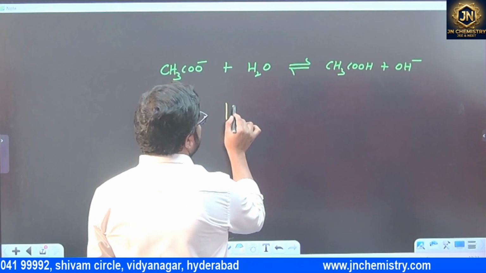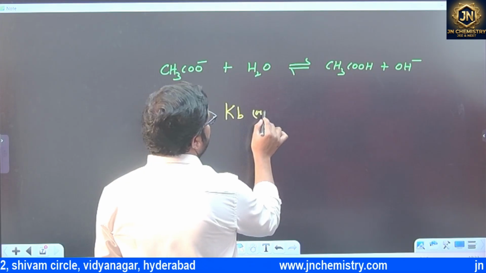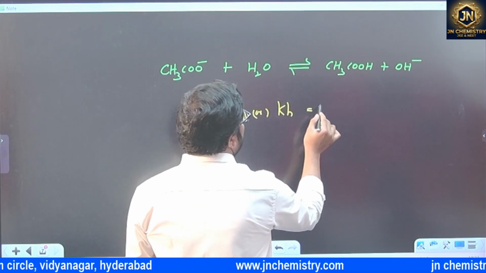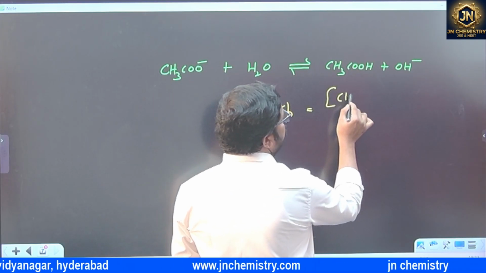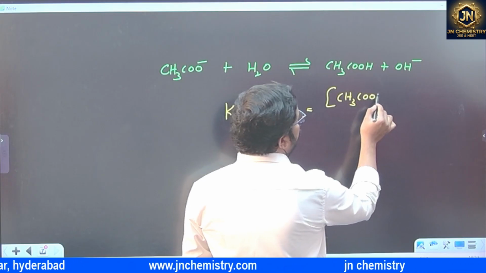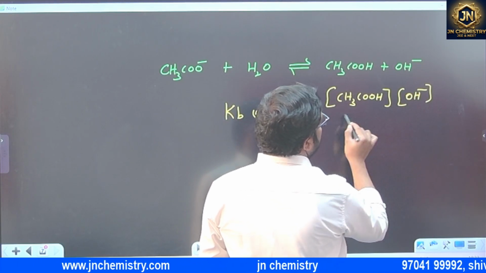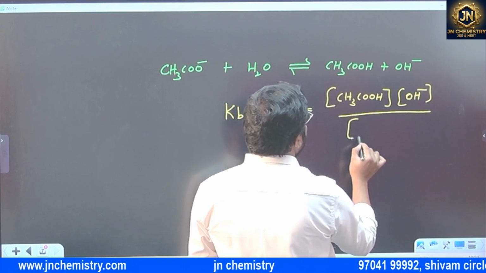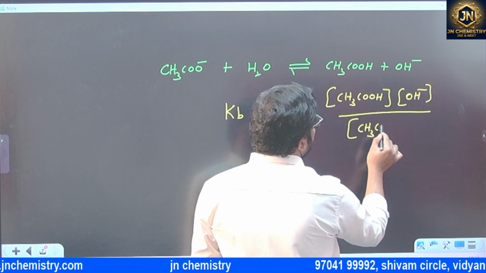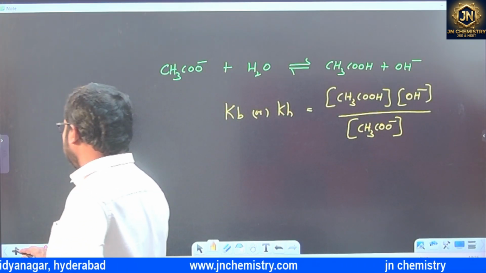In this case Kb, or we could say KH, is the concentration of CH3COOH times OH minus concentration, divided by CH3COO minus concentration. Next, put the heading pH and pOH.